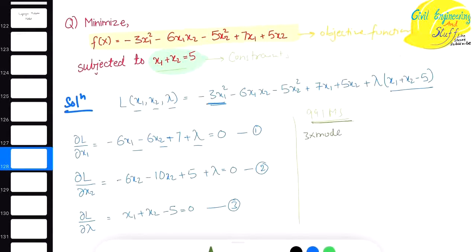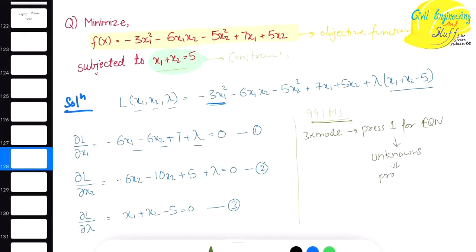Then you will see it shows the EQN sign, that is the equation sign, and below it will be 1, so you press 1 for equation. Then it will ask for the number of unknowns in your equation, and here we have 3 unknowns, so we'll press 3.